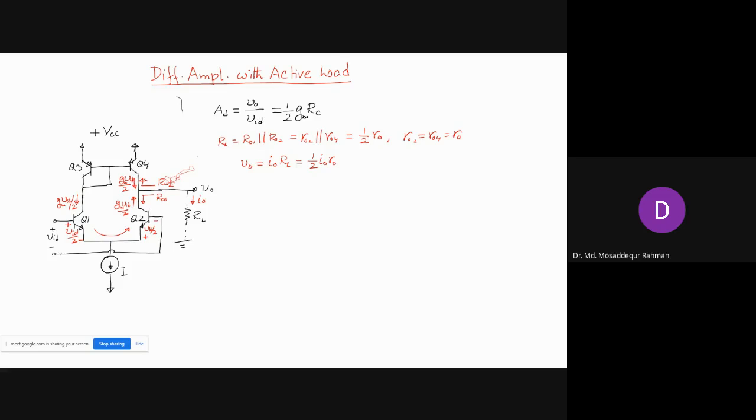And these two currents together will flow out, feeding this load resistance RL. So basically we'll have I naught equal to gm vid.